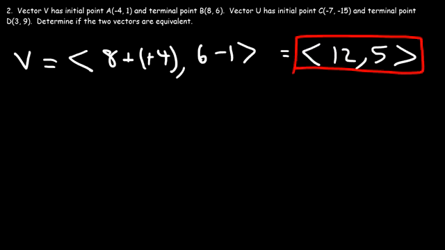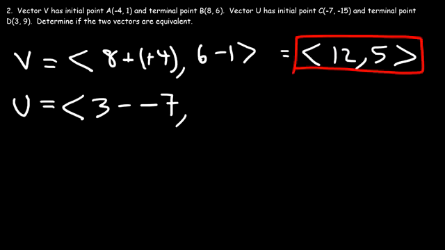Now let's do the same for vector u. The x component of the terminal point is 3, and the x component of the initial point is -7. So we're going to subtract 3 and -7.